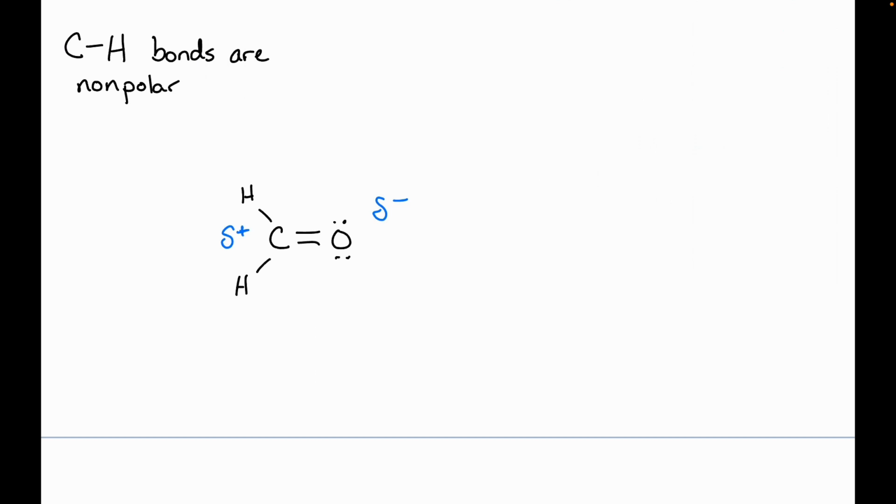This is what we call a dipole in this molecule. When one portion of the molecule has partial negative charge, the other portion has partial positive charge, that's what's called a dipole. And these are dipole-dipole interactions. So if we take a polar molecule like formaldehyde, it can interact with a neighboring molecule of formaldehyde through these dipole-dipole interactions, where the partial negative end of one molecule is talking to the partial positive end of its neighbor.